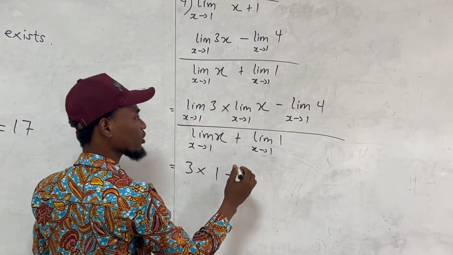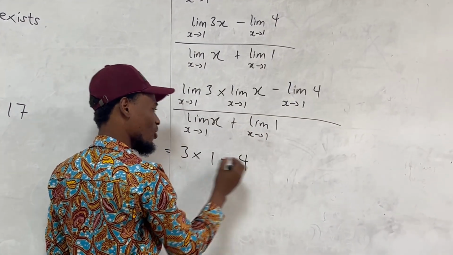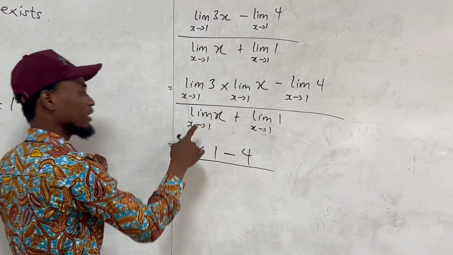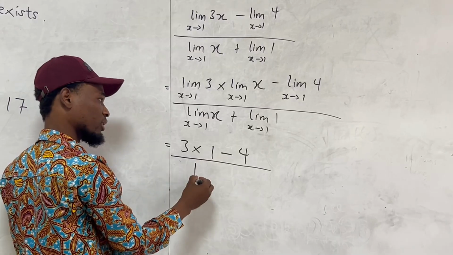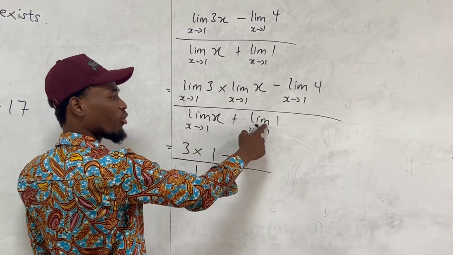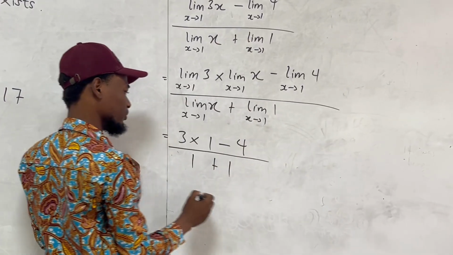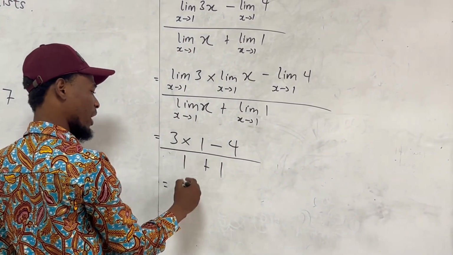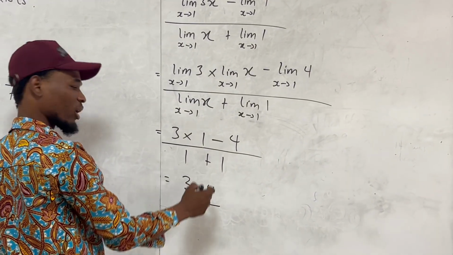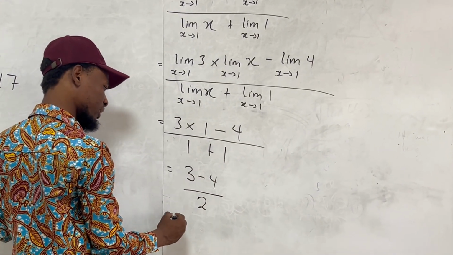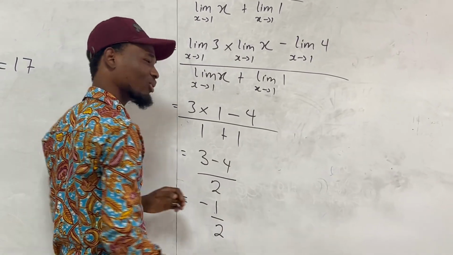Then minus the limit of a constant, which is 4, all over the limit of x, where you see x you put 1, so 1, plus the limit of a constant, which is 1. So I have 3 times 1, which is 3, minus 4, all over 1 plus 1, which is 2. So this is the same as negative 1 over 2.